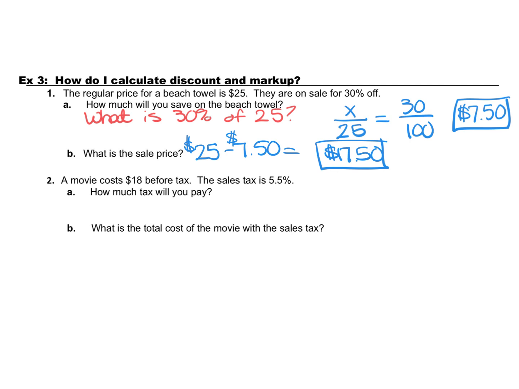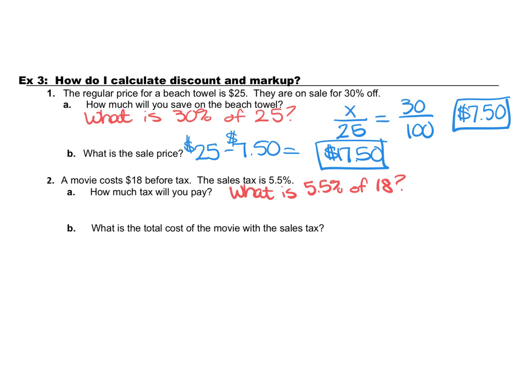All right, so our last example here then, it says a movie costs $18 before tax and the sales tax is 5.5%. How much tax will you pay? So the question you're asking yourself is, what is 5.5% of 18?